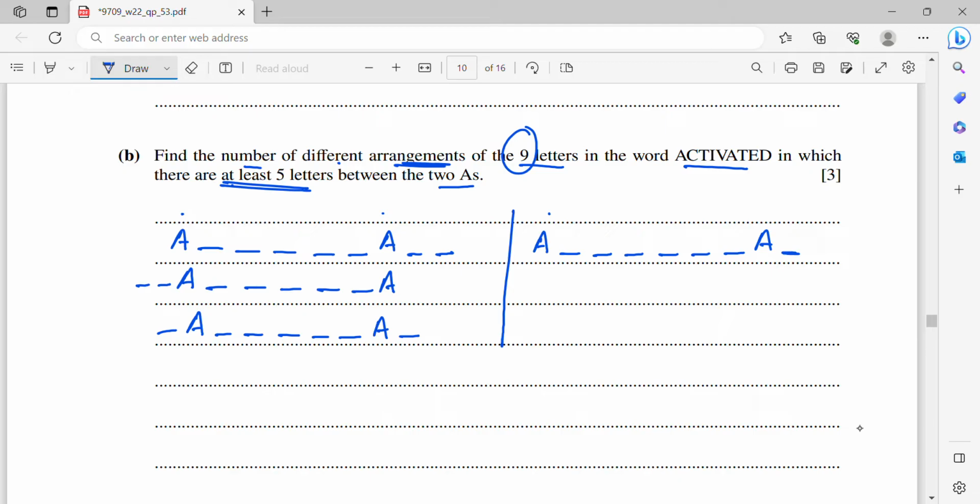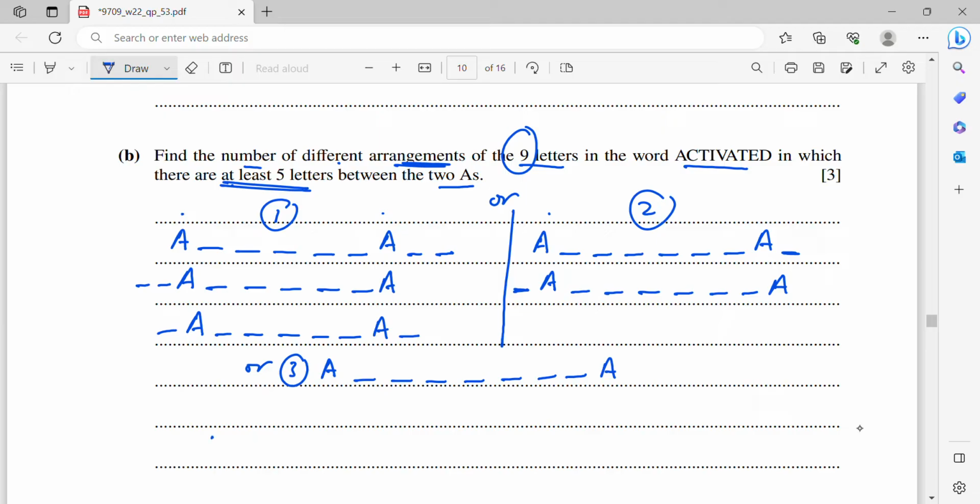This one can be at the back or in front. Or it could be 7, so there are 7 letters in between. So A, 1, 2, 3, 4, 5, 6, 7. So we have to consider all these 3 cases. The first case, second case, third case.